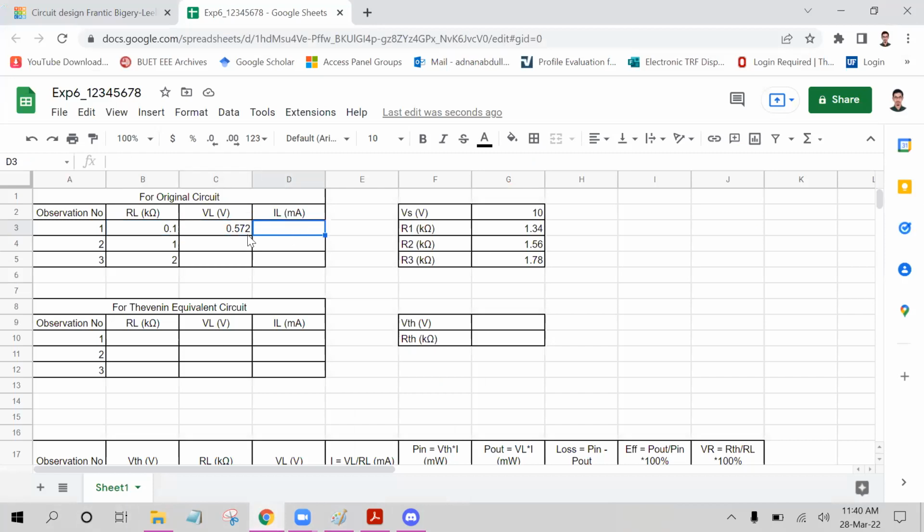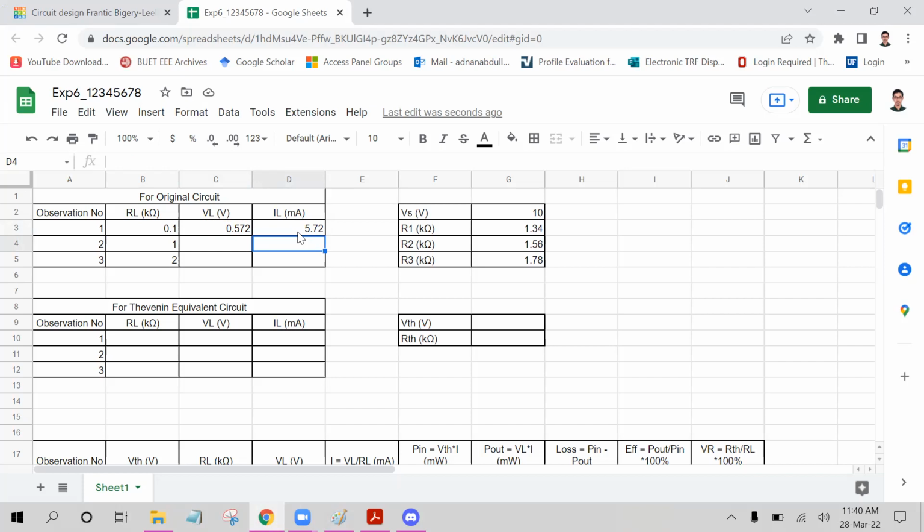So we can divide this by this one. I am just using an Excel function here by putting an equal sign, then clicking on this cell, divided by this cell. This gives us the value of current in milliampere units, not in ampere. Anything else?